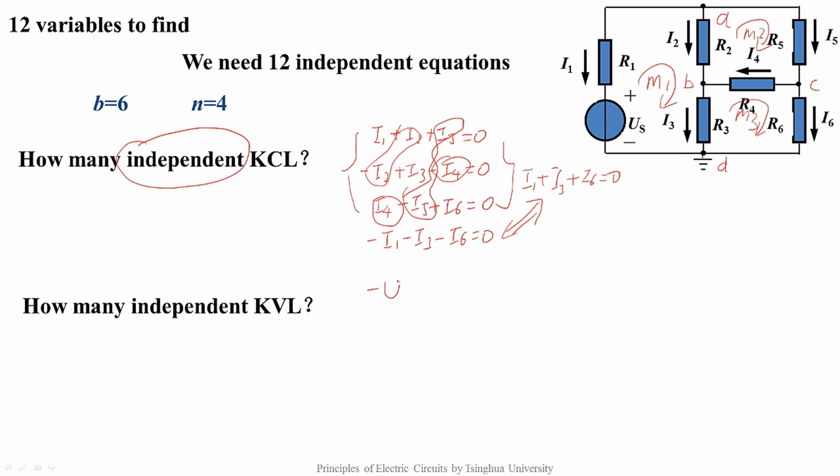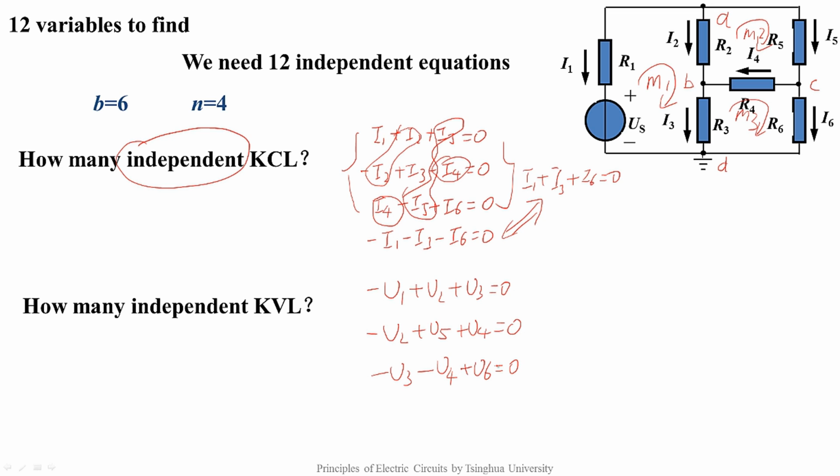That is minus U1 plus U2 plus U3 is equal to 0. We write it in the clockwise direction. For mesh 2, minus U2 plus U5 plus U4 is equal to 0. For mesh 3, minus U3 minus U4 plus U6 is equal to 0.